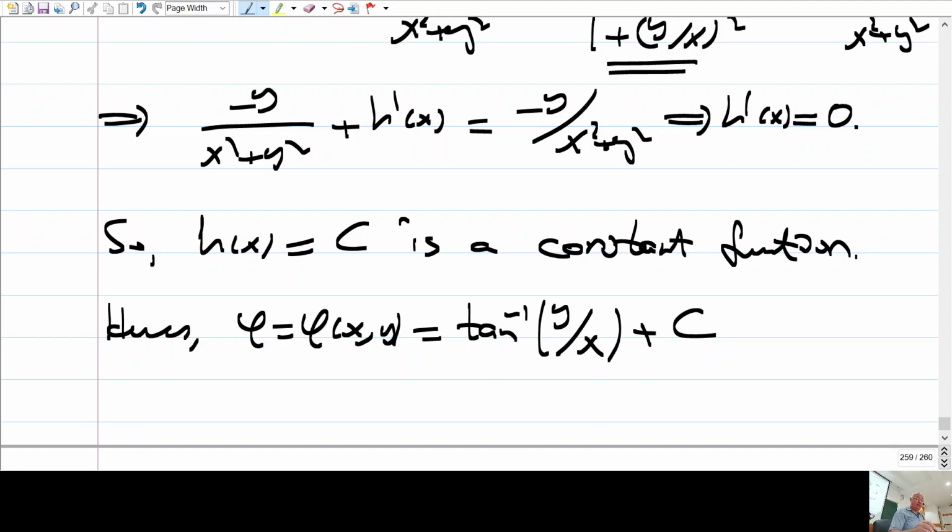If you take derivatives of this with respect to x and y, you really get that.